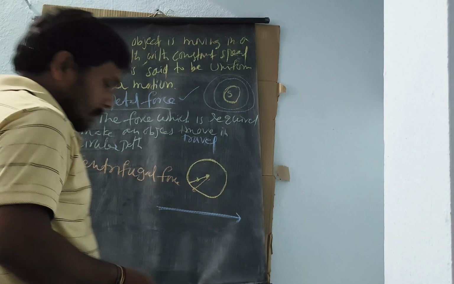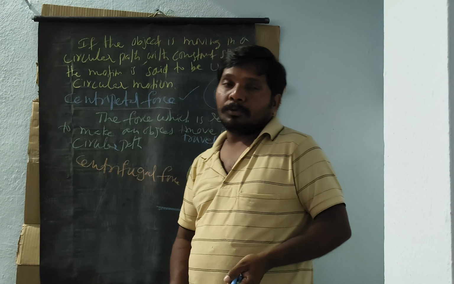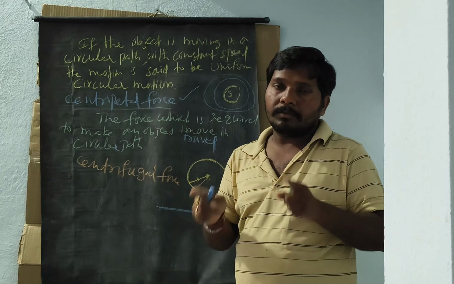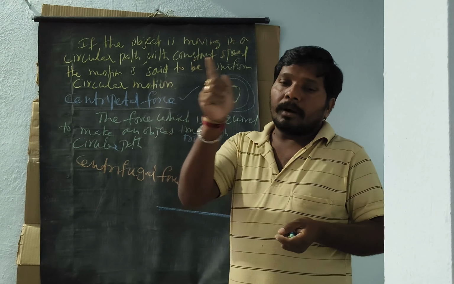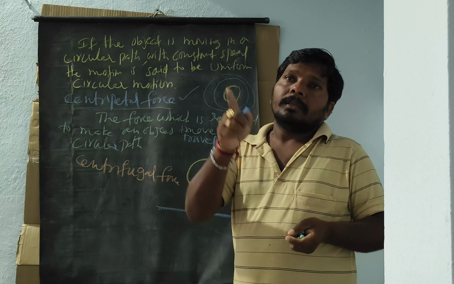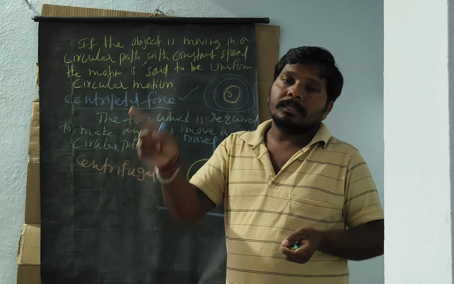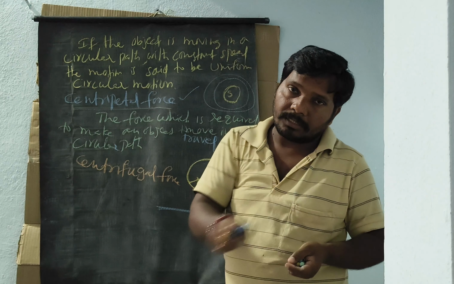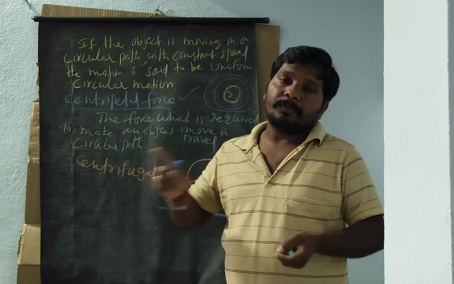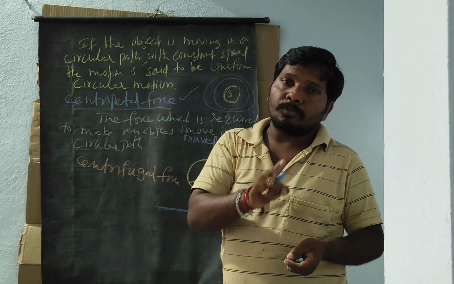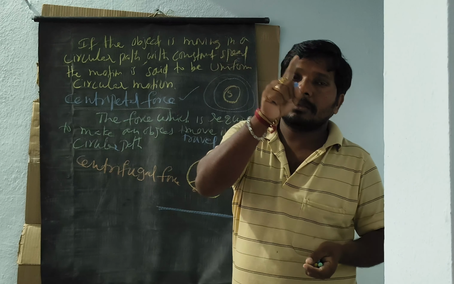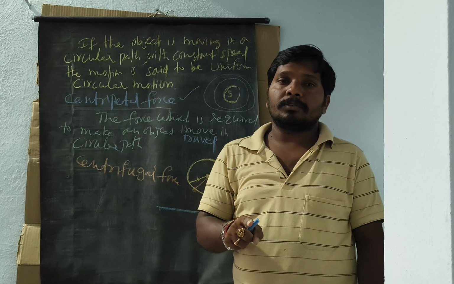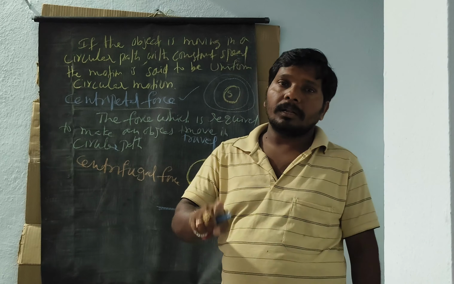Right, so this is about uniform circular motion. If the body is moving in a circular path, we can call it circular motion. While the body is moving in a circular path, the speed of the moving body is constant. At every point the direction changes, so the velocity changes. We know that if any object is moving in a circular path at constant speed with changing velocity, we can say it is uniform circular motion.